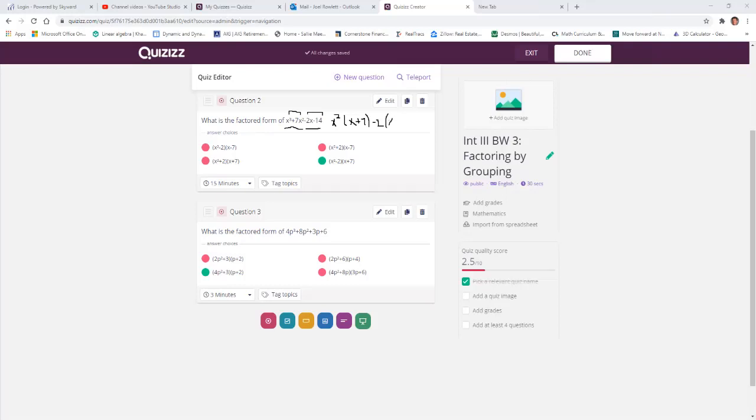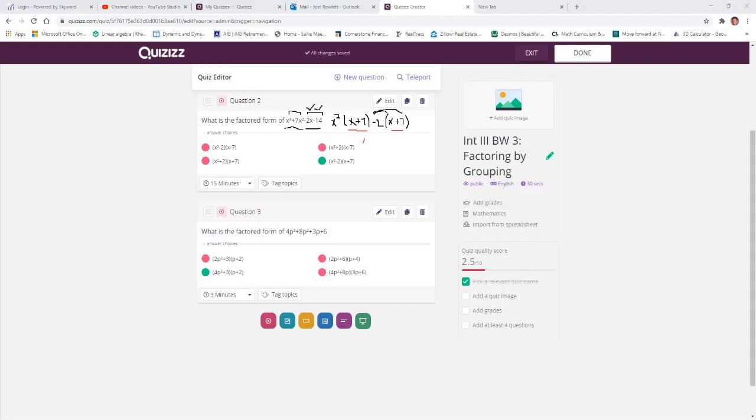Now, sometimes we get a little turned around with the negative sign. Sometimes I get turned around with the negative sign, especially at the end of a long day, right? So let's check this. I know that negative 2 times x is negative 2x. That's good. That checks. And then if I multiply the negative 2 times this positive 7, that does give me negative 14. So I know that I factored correctly so far. And luckily, I can see that I have an x plus 7 that's common.